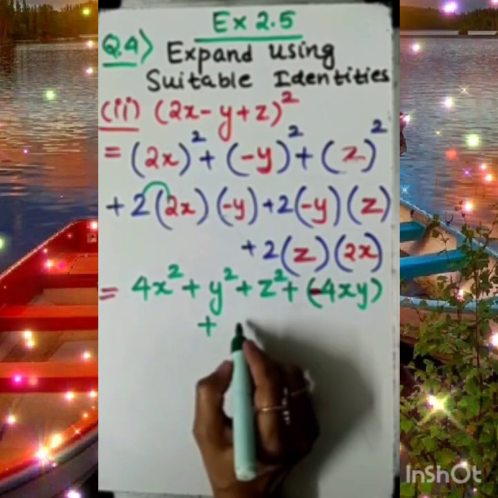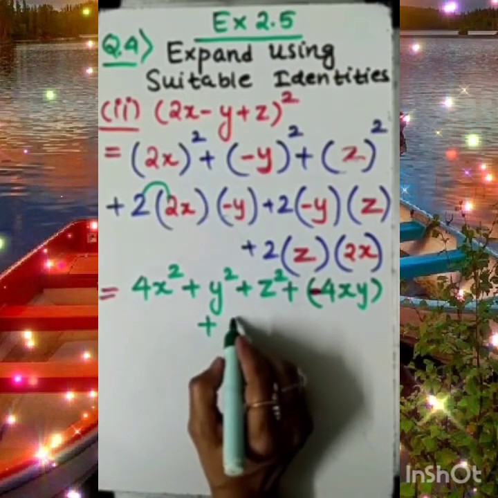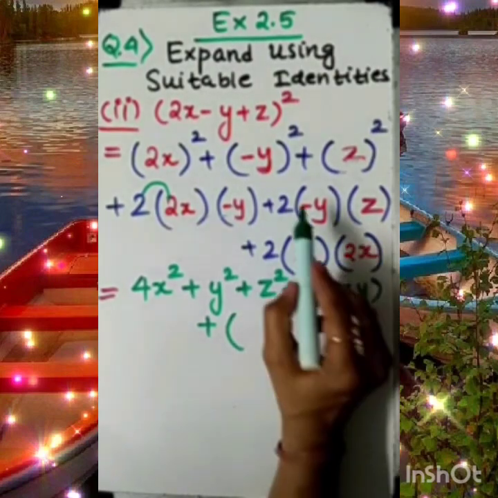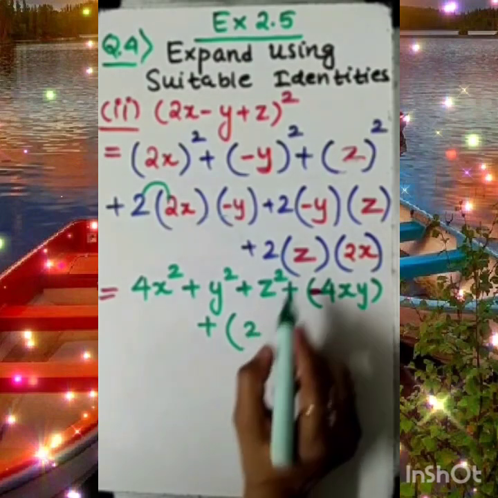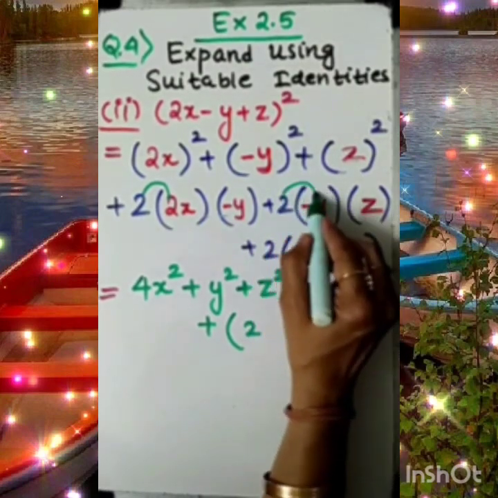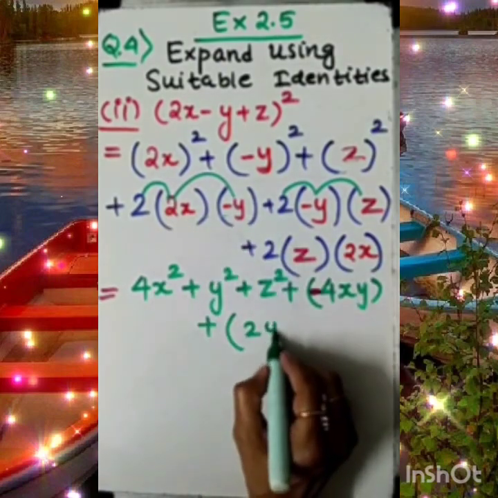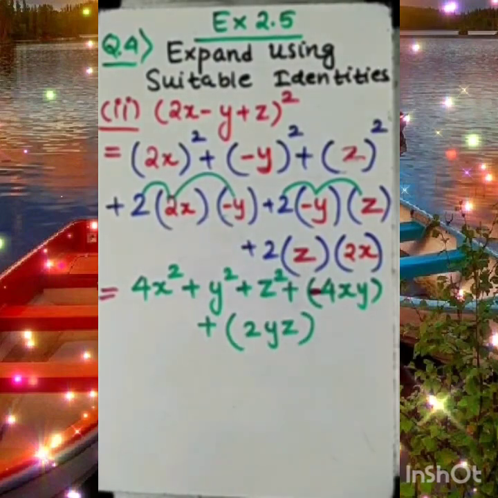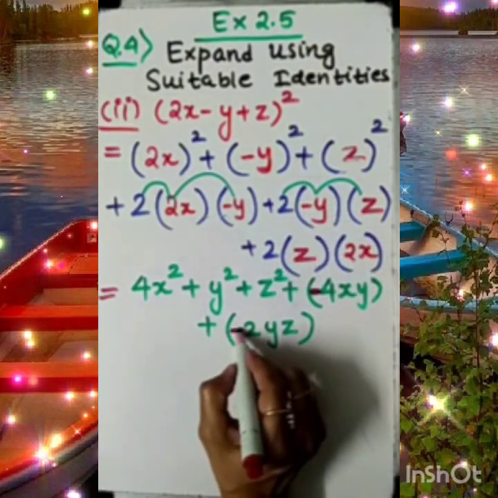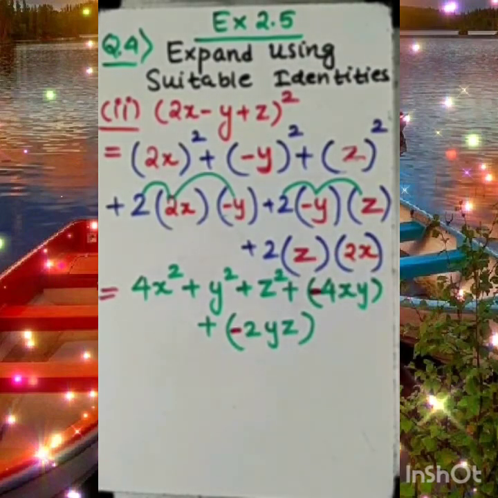Same thing here, plus. Now you just see, I am putting it in bracket. 2 is already there, and yz. 2 into y into z, this we have already done. Now 2 into y into z is 2yz. Agree? But because of the minus sign along with that, I need to write here minus.